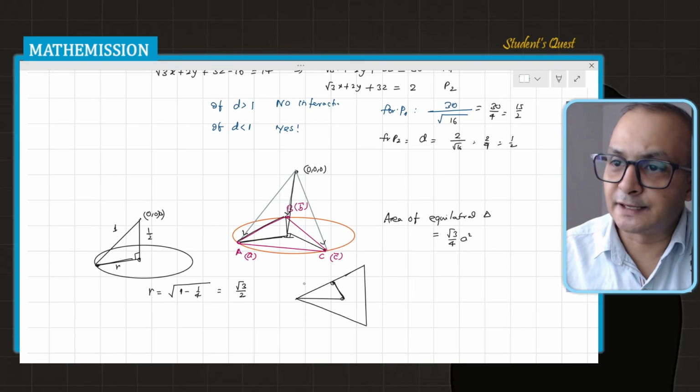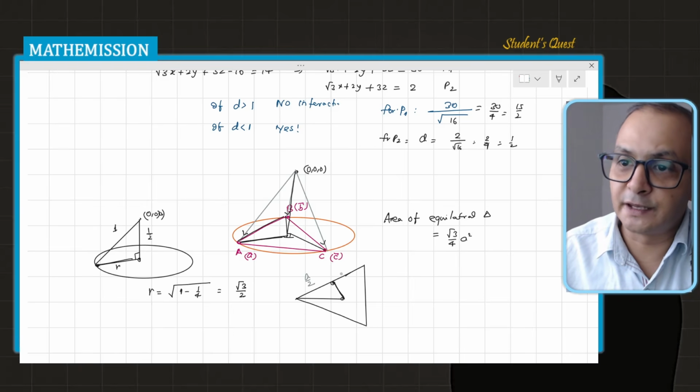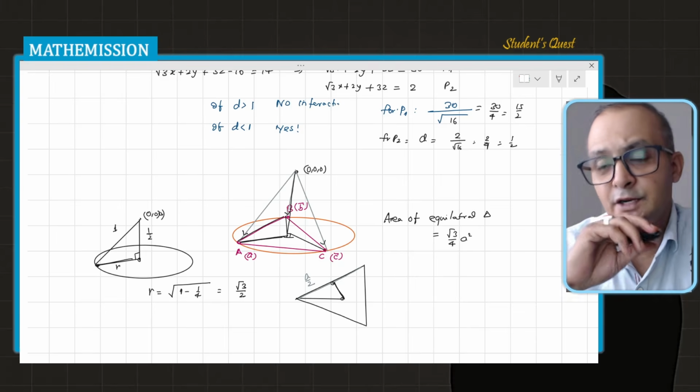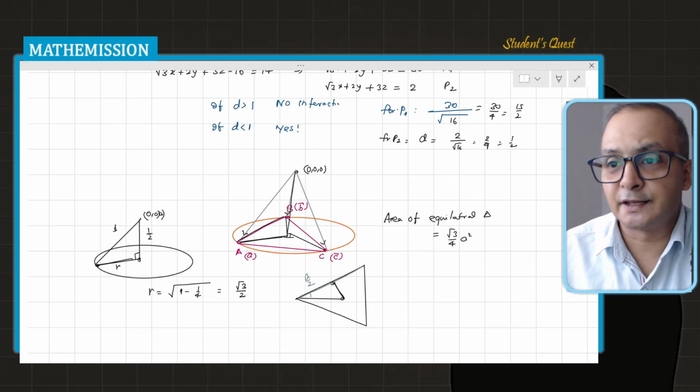So let's say this length is A by 2. What is A by 2? It means half of this side of the equilateral triangle, and you notice that this must be 30 degree, and here I am given root 3 by 2.